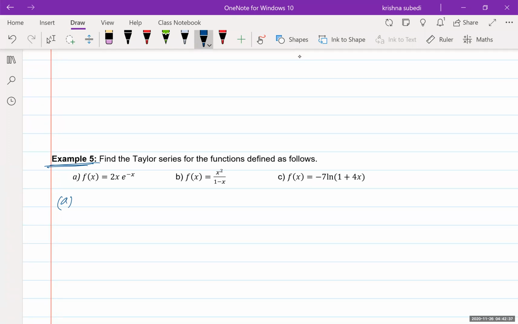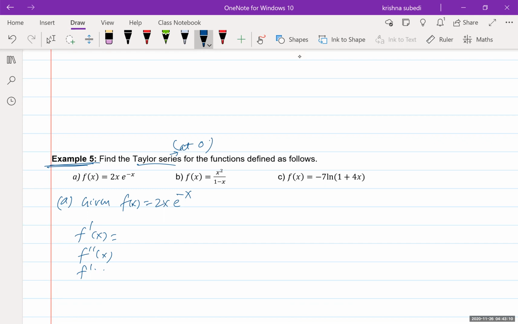So what is given here is that f of x is 2x e to the negative x. So one way of finding the Taylor series at 0 is to find the first derivative, second derivative, third derivative, and so on, exactly the same way that we did earlier.